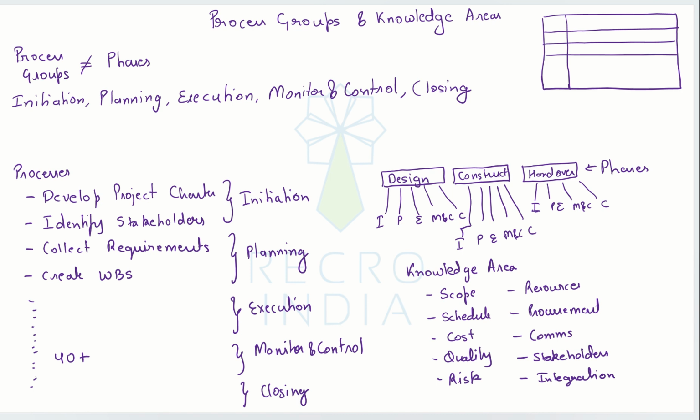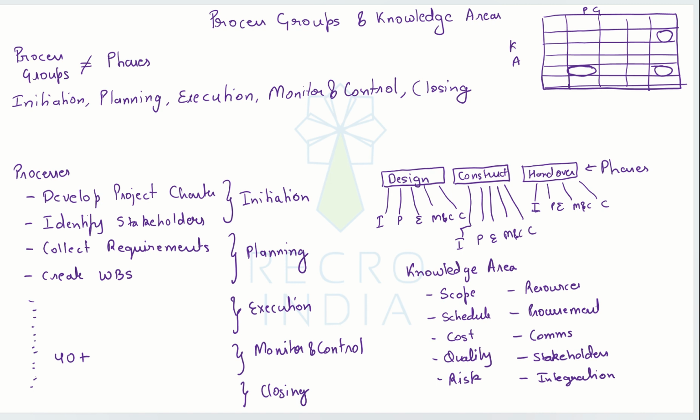A lot of times you will see that there are empty cells, meaning that for a particular area, there is no process here. So it's okay, doesn't matter. Even if there isn't a process, it's perfectly fine. It's just that PMI hasn't defined a specific process for that particular section.